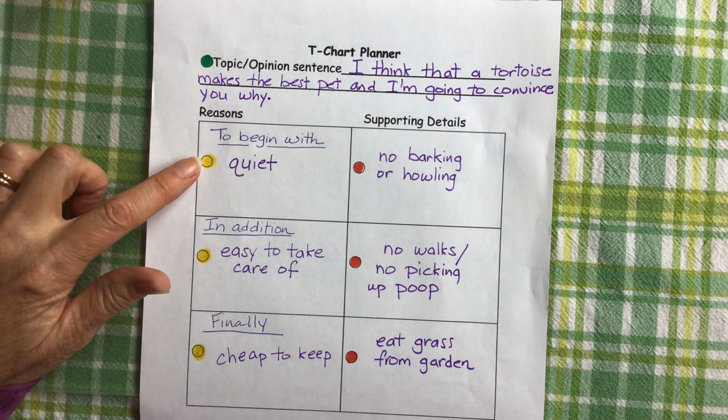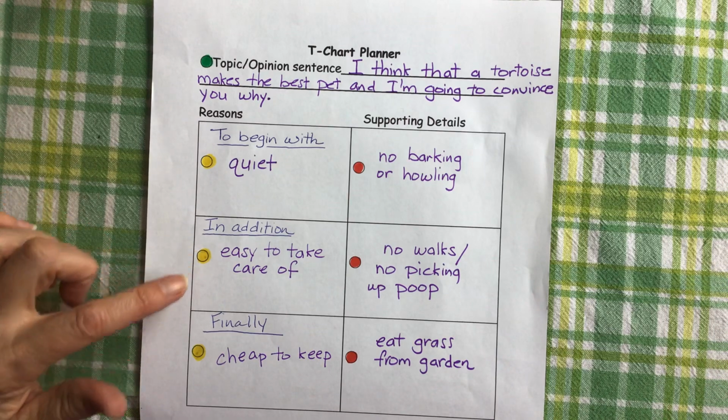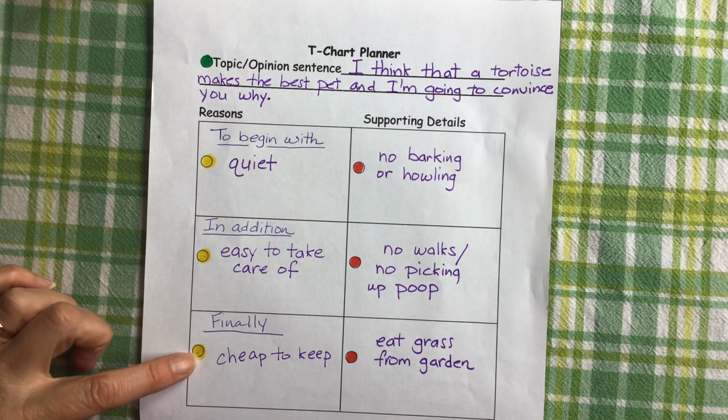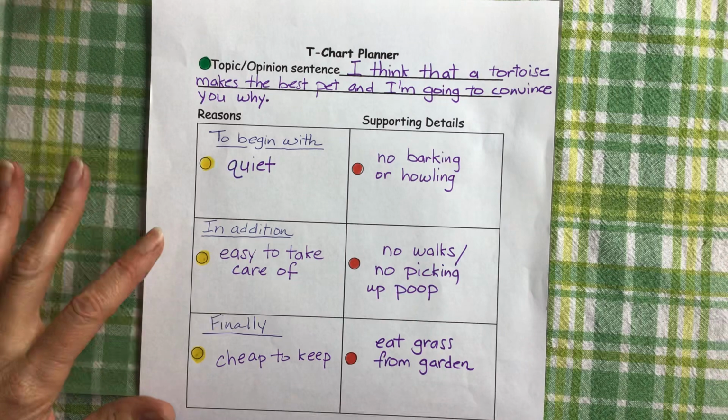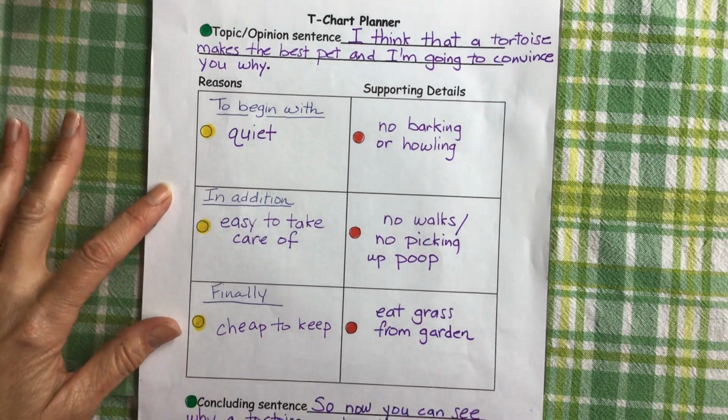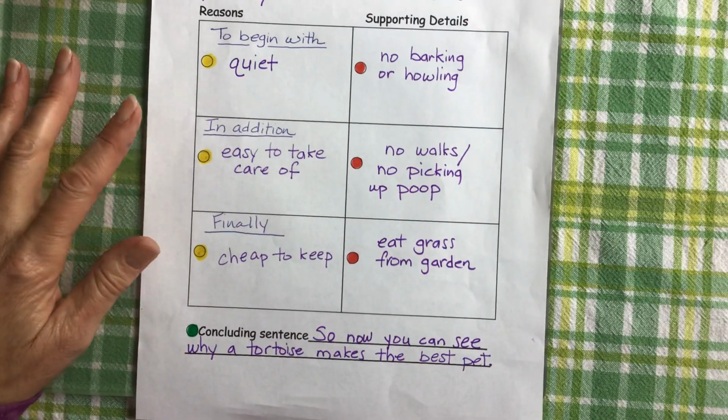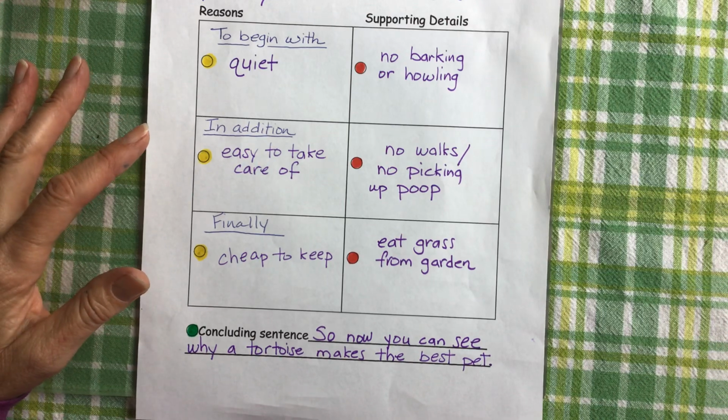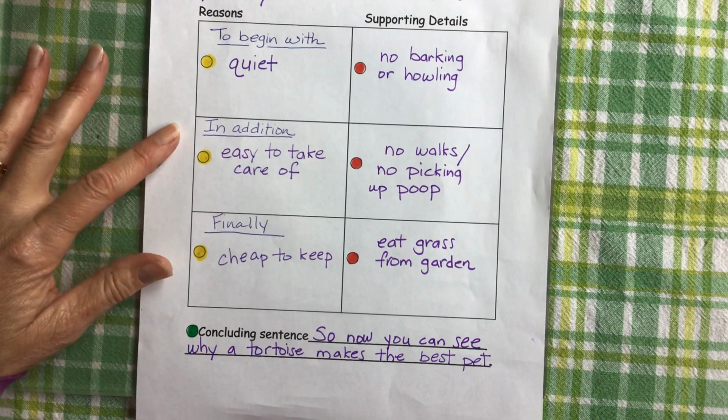And then you have 3 reasons why you believe that. And each reason has a supporting detail. And then we end our persuasive paragraph or our opinion paragraph with a concluding sentence.